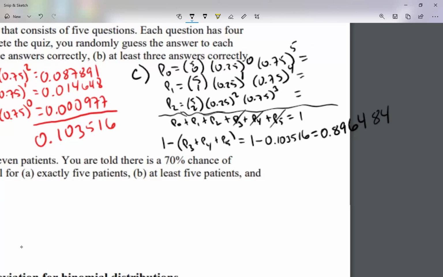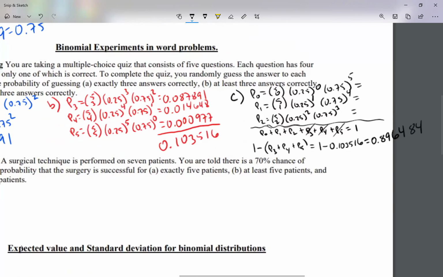It's almost 90%, right? 89.64%. Wow, so almost 90%. If I take just 5 multiple choice questions with 4 possible answers, and I randomly guess, I'm almost 90% sure that I get 0, 1, or 2 right only, not more than 2. Wow, guessing is not worth it.